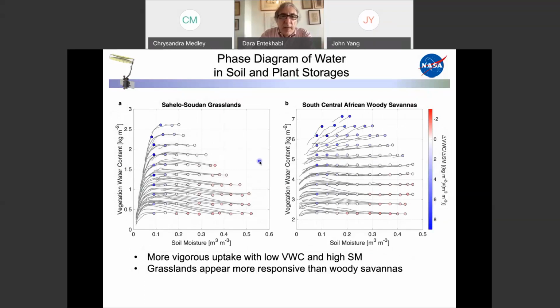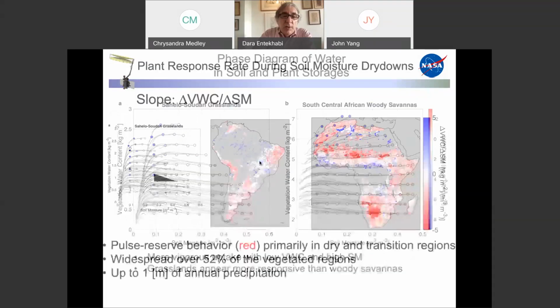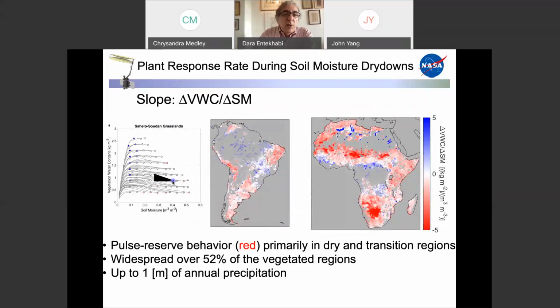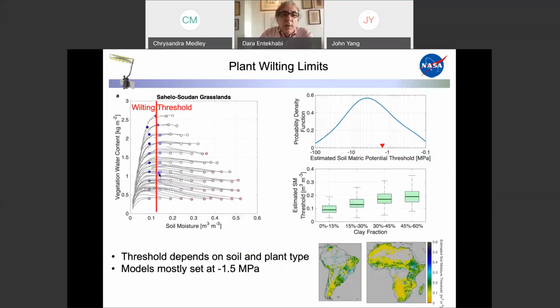There's a wealth of information to be learned about vegetation response to water stress and what different vegetation types are doing. So for instance, we look at the slope, the rate of water uptake. We look at the threshold where the crash occurs. In most models, this is set at 1.5 megapascals, but actually there's a distribution of it.